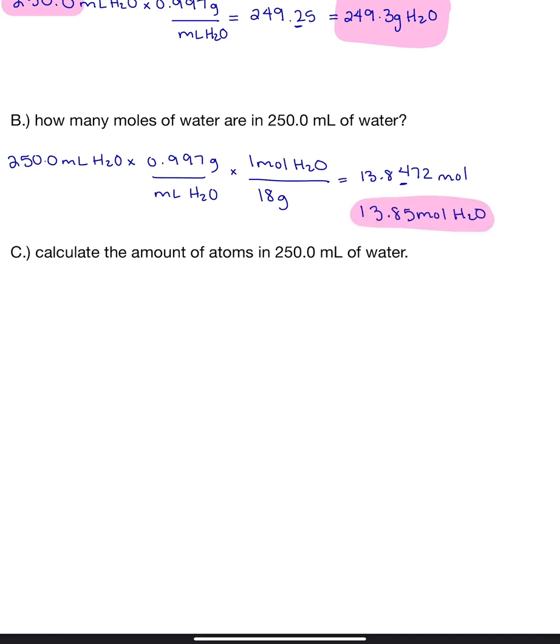Always box in your answer or highlight it, whatever you guys choose to do. Now we're going to calculate the amount of atoms. So I'm going to write this out again, but I would have gone through the moles that we just calculated in part B, but just to stay with consistency, write this all the way through.